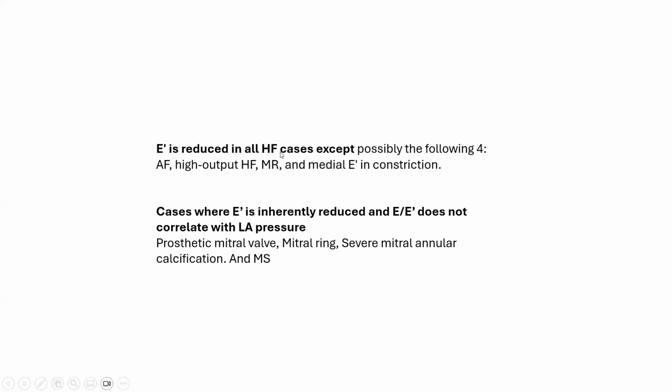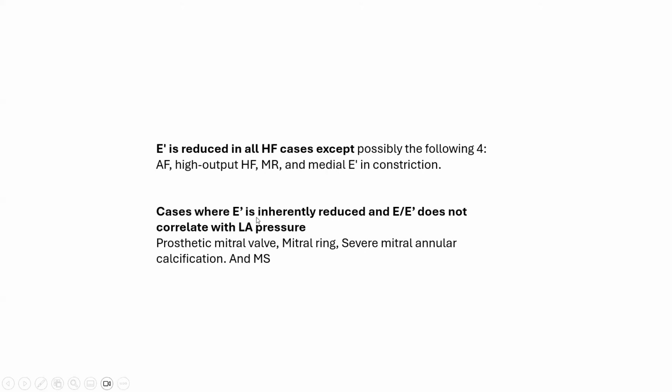E prime is not reduced in 4 potential cases of heart failure. 1, atrial fibrillation, which exaggerates E prime as you lose A prime. 2, high output heart failure. 3, mitral regurgitation with preserved LV function. And 4, medial E prime will be preserved or exaggerated in constrictive pericarditis. Now, there are other cases where E prime is inherently reduced and the patient inherently has diastolic dysfunction.